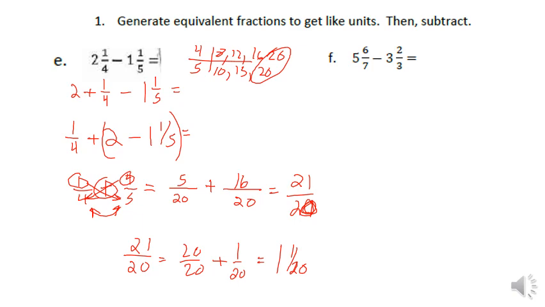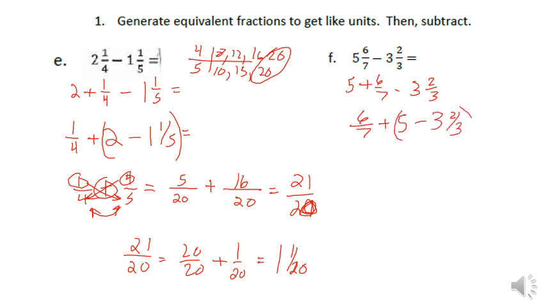All right, for F, I'm going to do the same thing. I'm going to rewrite it as 5 plus 6/7 minus 3 2/3. And that's going to allow me to swap these around, where I'm going to say 6/7 plus 5, because I still get 5 6/7 minus 3 2/3.